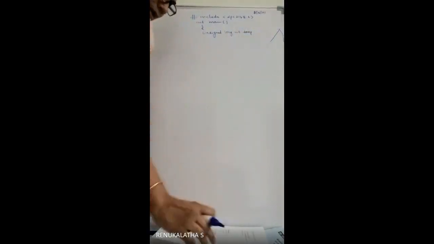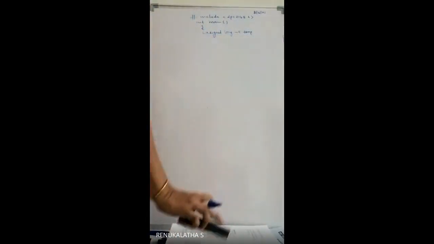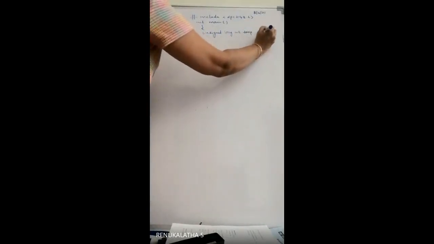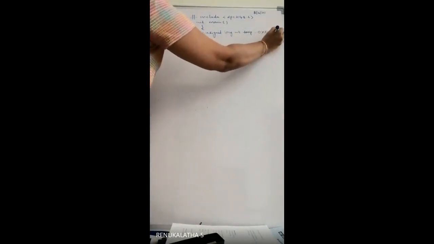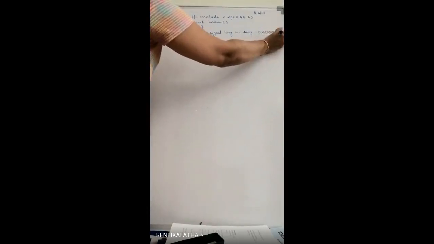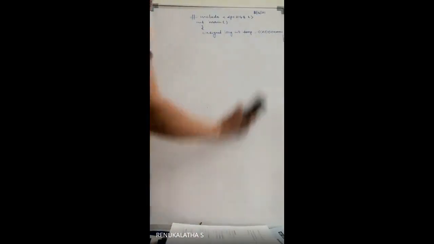Temp is a variable, type is int, and it is long, 32-bit, so it is long int, equal to, assign this value initially. It is 8 zeros, 1, 2, 3, 4, 5, 6, 7, 8. One more is there.